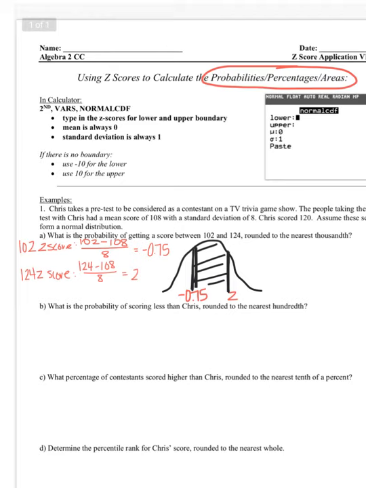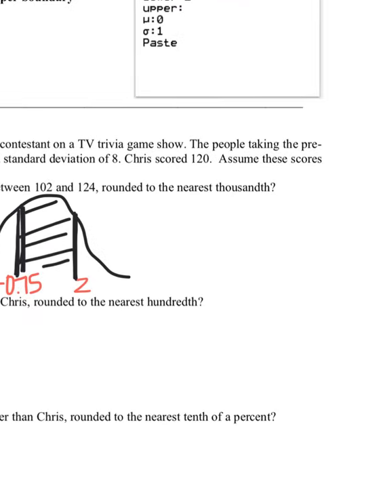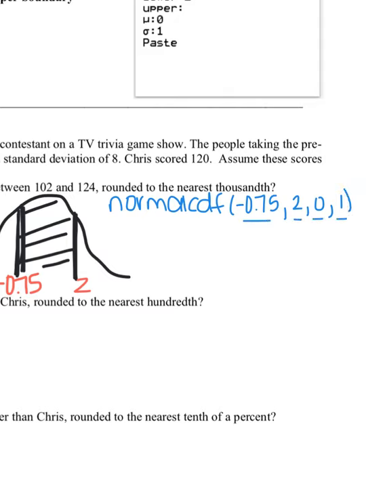And then paste. Again, your work for this is going to be what it says on your calculator screen. So you have to write this down. This is part of your work. Normal CDF, negative 0.75, comma 2, comma 0, comma 1, meaning lower, upper, mean, standard deviation.